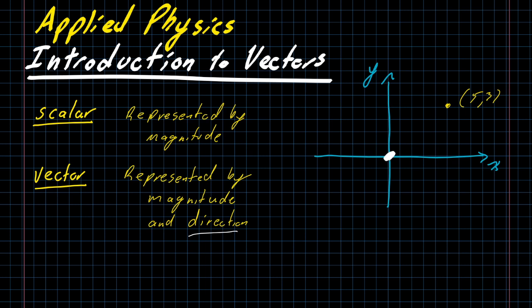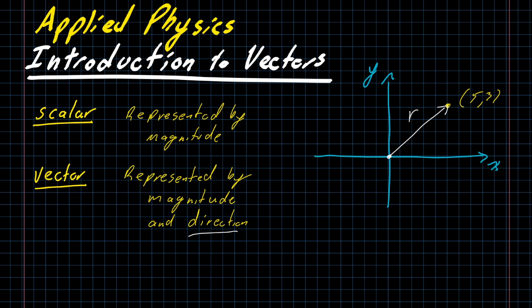If we start at the origin, going from the origin to the point (5, 3) can be represented by this arrow.